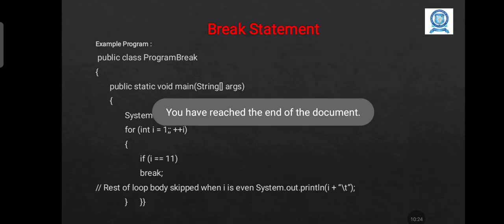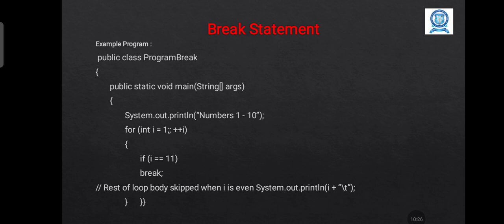So the difference between continue and break is, continue will stop the current iteration, but break will stop the entire execution of the loop. In the continue statement, the loop will be resumed for the next loop value, but with the help of the break statement, the entire loop execution will be stopped.